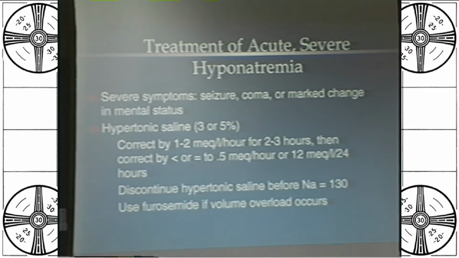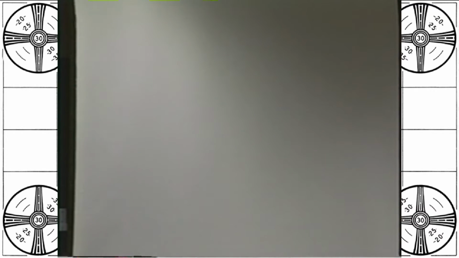Acute severe hyponatremia with seizures, coma, or marked change in mental status does require more aggressive treatment. I've pretty much included in the handout the numbers and details of how to do that. And I've actually changed it from less than 12 milliequivalents per 24 hours to 10 because that's probably an even safer level of correction, and that's in the handout.